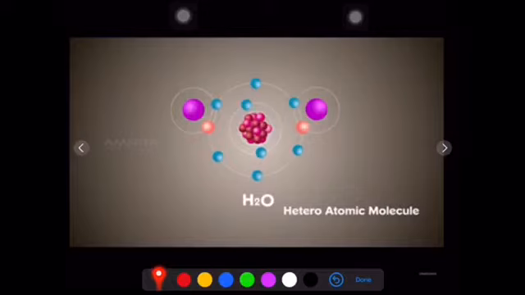That's why when we break down the bonds between the atoms in our food, in our body, it releases energy. That's why we warm up, that's why we get energy, that's why we are able to walk. We break down the bonds between the atoms in our food. Same thing is here as well. If you want to produce, for example, a water molecule, definitely you have to give energy.